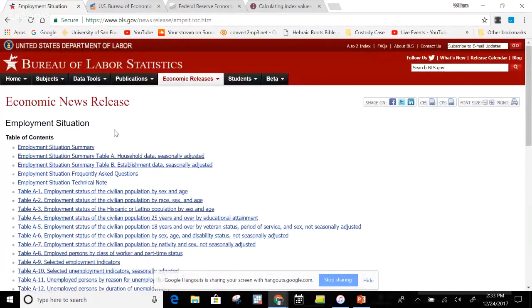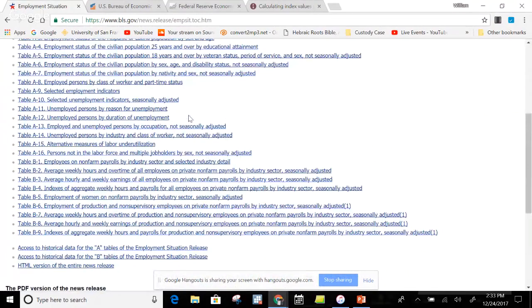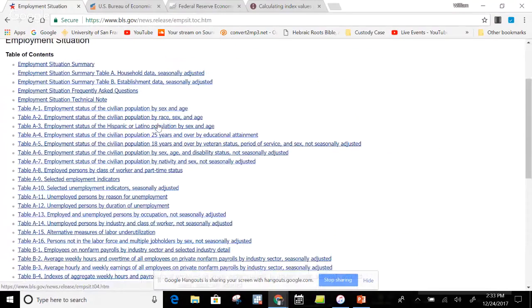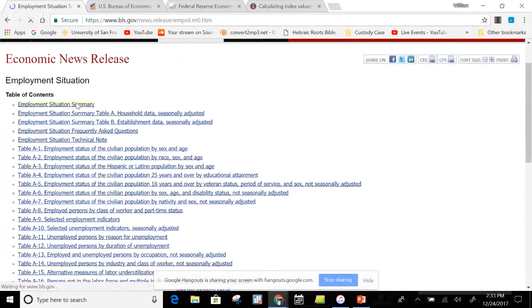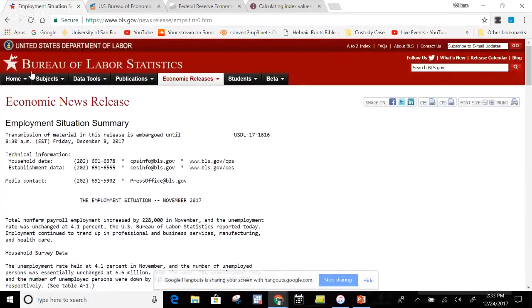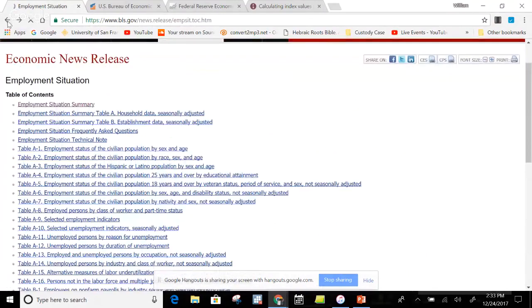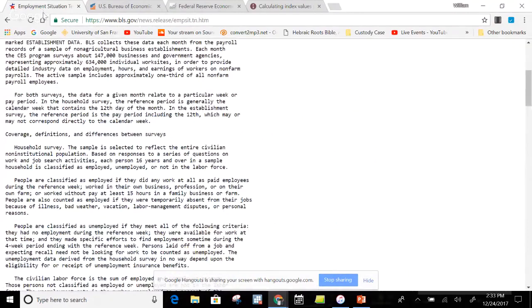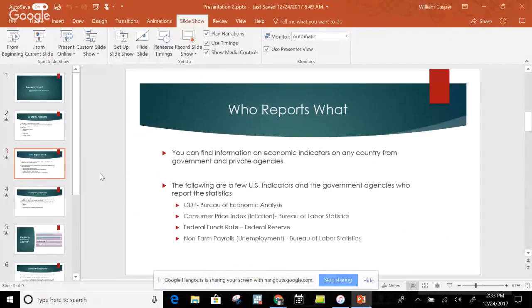You can get it in a really broad spectrum. I'm not going to click on all of these, but I'm just going to show you just how detailed they can be. You can read through all of this stuff if you want to. It's not really necessary. And I'll show you why you don't necessarily need to come to these different sites all the time just to get the information, all right?